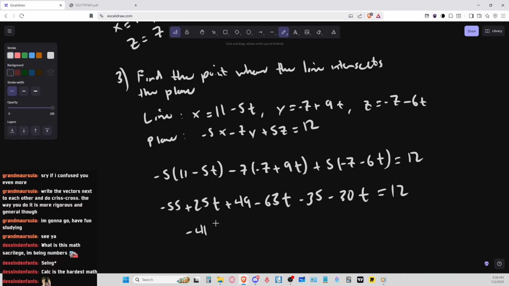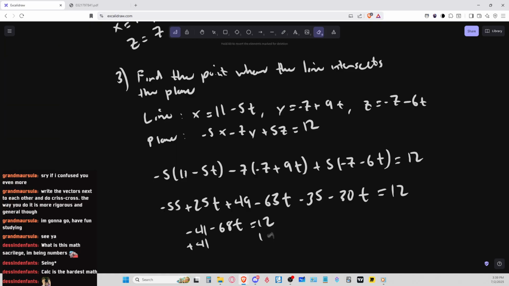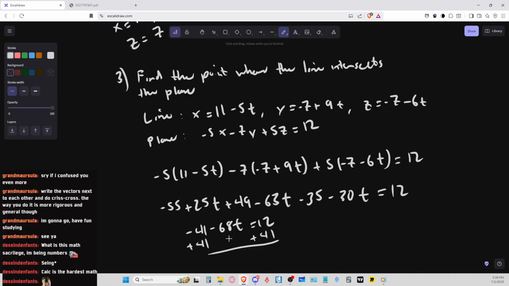Then that's negative 68t, 12, plus that, oops, not 14. Why am I writing 14? And then 5, 53. Oh, goody. This is going to be really fun.